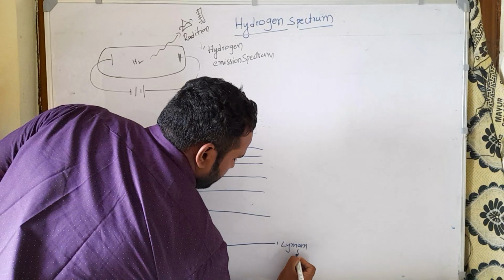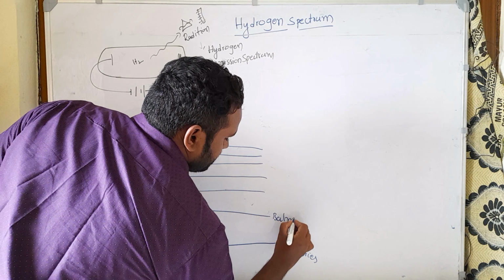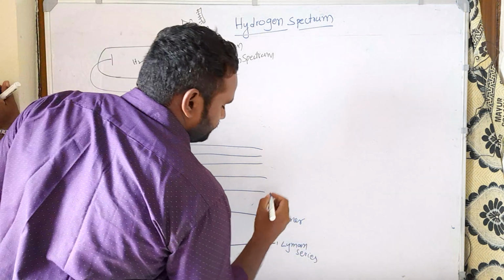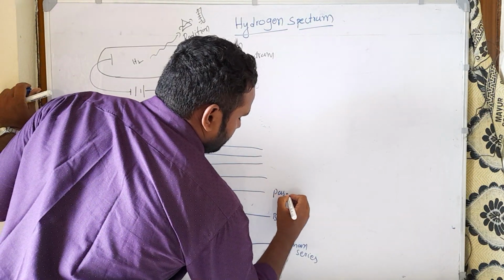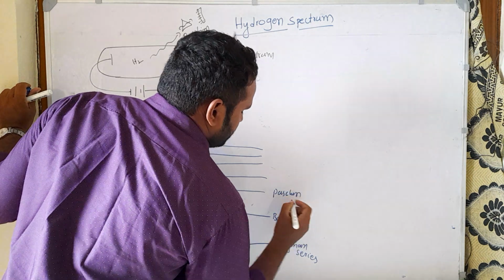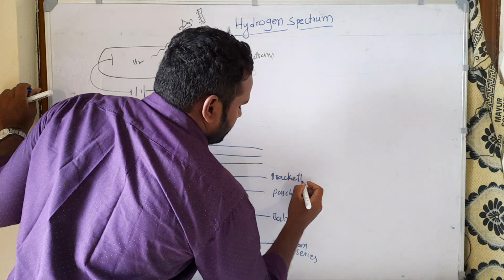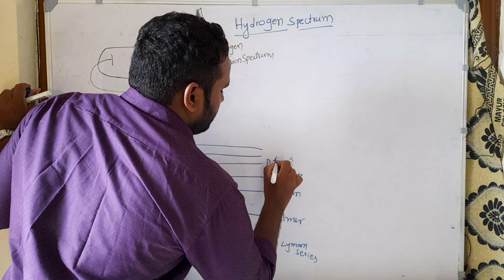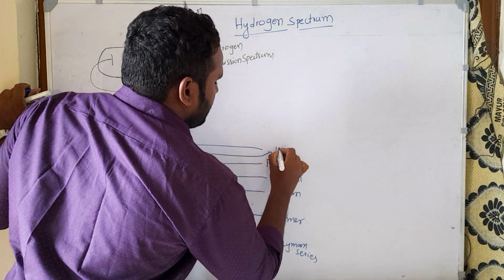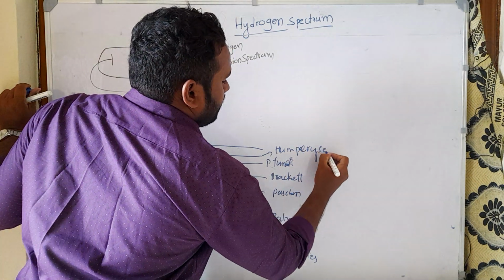Lyman series, and then the Balmer series, the Paschen series, the Brackett series, the Pfund series, and this is known as the Humphreys series.